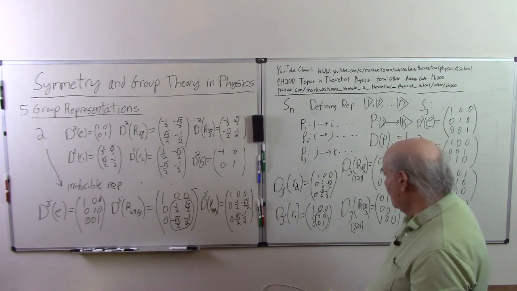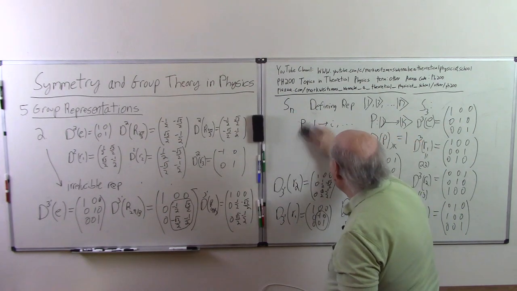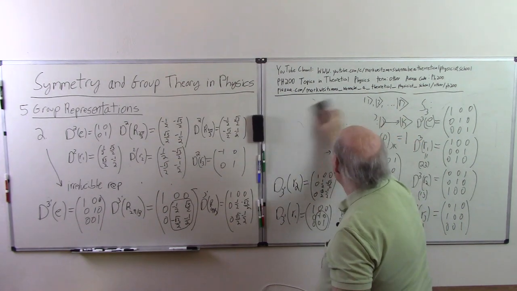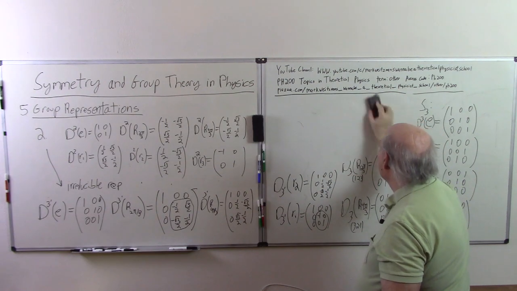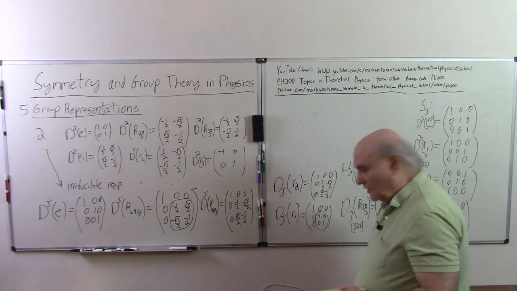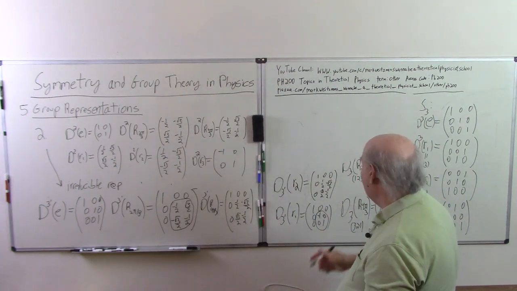So what is true is that for the defining representation of S3, and part of what we'll do in the next few lectures is to show where we get these things from, I'm just sort of writing down the answers now.